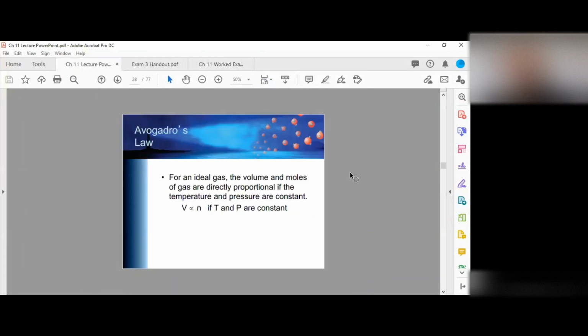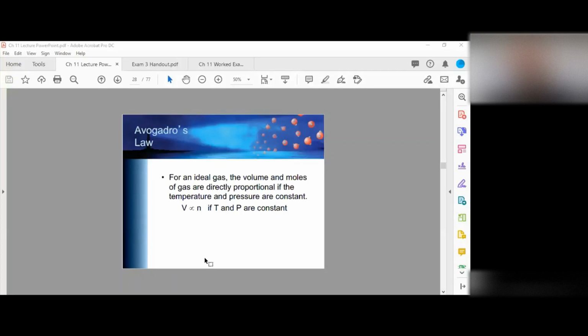We covered the kinetic molecular theory, which talks about the behavior of gases. We talked about the 4 properties: pressure, volume, temperature, and amount, and we highlighted the units that are accepted for each one of those. And after that we went over some of the gas laws. One of them was Boyle's law, relates pressure and volume at constant temperature and amount, and we said the relationship between pressure and volume is inversely proportional.